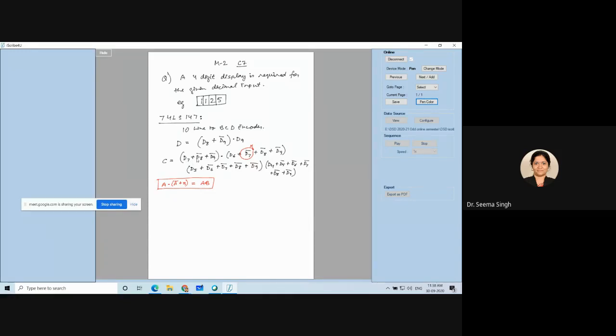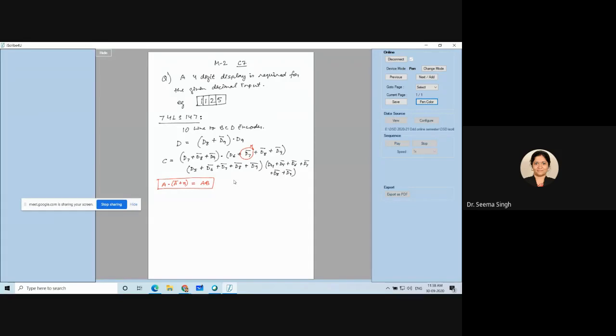Now, coming on to this term, D8 bar is there, no problem. But when you come to this term again, D5 no problem, but the same thing will be seen for D6 bar, because D6 was present here, this D6 bar will get absorbed. Then because D7 was present here, D7 bar will get absorbed.